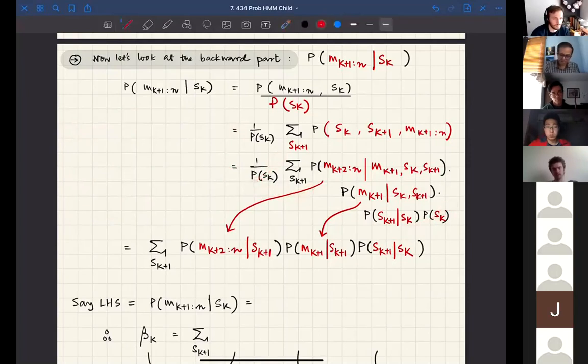Let's do that with red. And that is what you have. This is p of mk plus 1 to n given sk. Whew. Anyone sees any pattern?